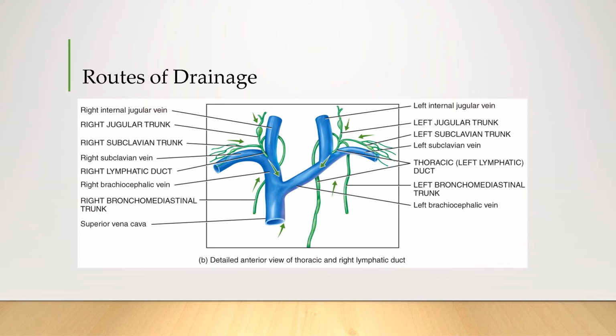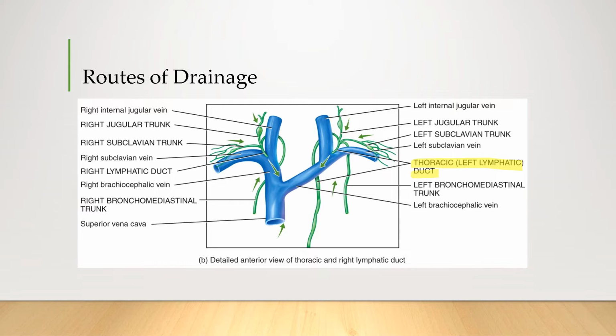Now the thoracic duct is the one labeled here on the right of our picture, but it's on the left of the body. This thoracic duct is the main duct for return of lymph to blood. The thoracic duct receives lymph from the right and left lumbar trunks, which isn't denoted on this picture.